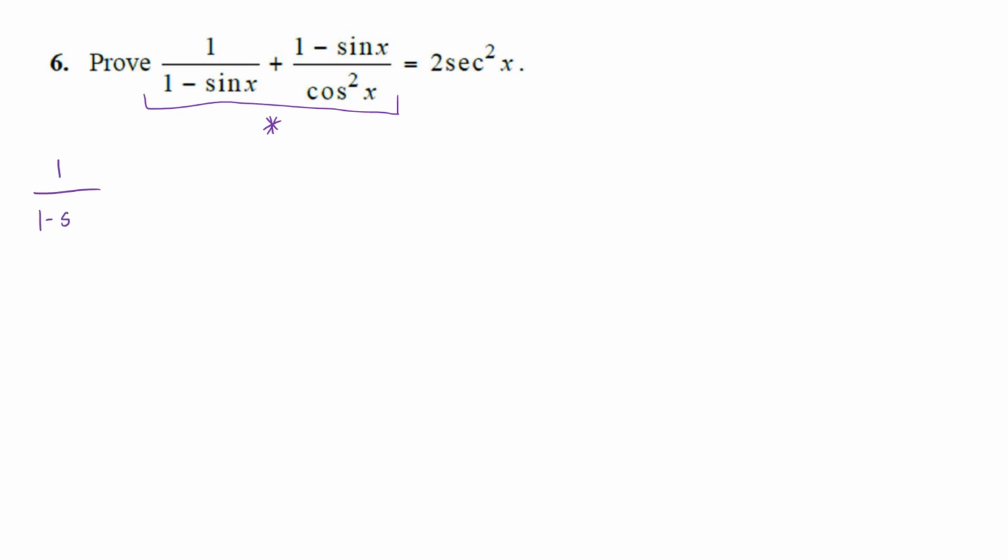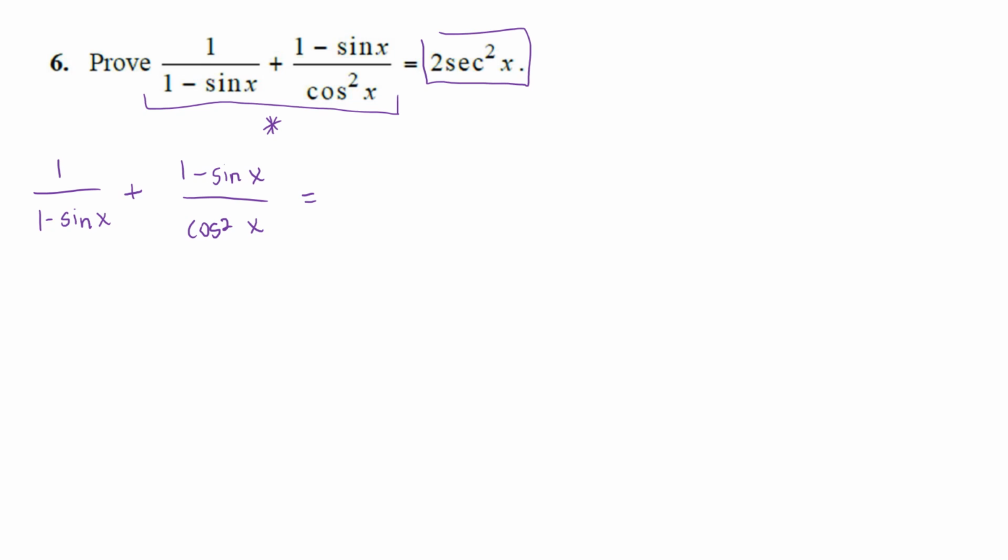So 1 over 1 minus sine x plus 1 minus sine x over cosine squared x. All right, so we want it to look like 2 secant squared x. All right, so what can we do here?